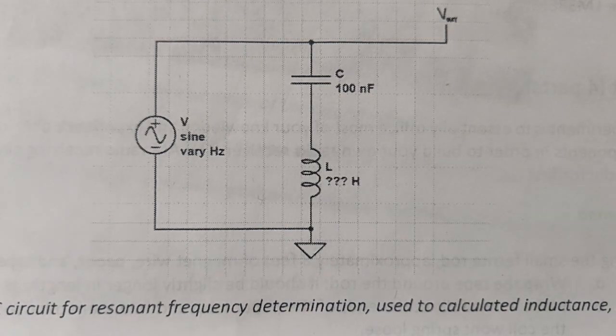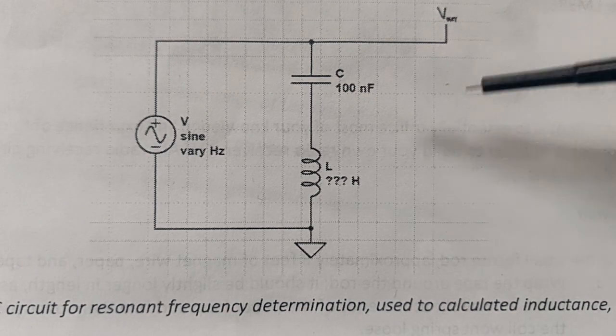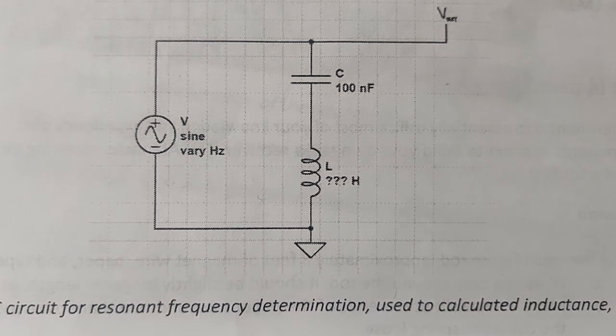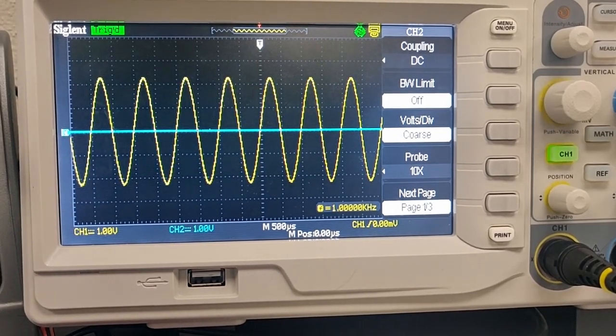But that's all we're looking for. We're looking for when this yellow channel is at a minimum, and that'll be our resonant frequency. Okay, so I've built the series LC circuit.